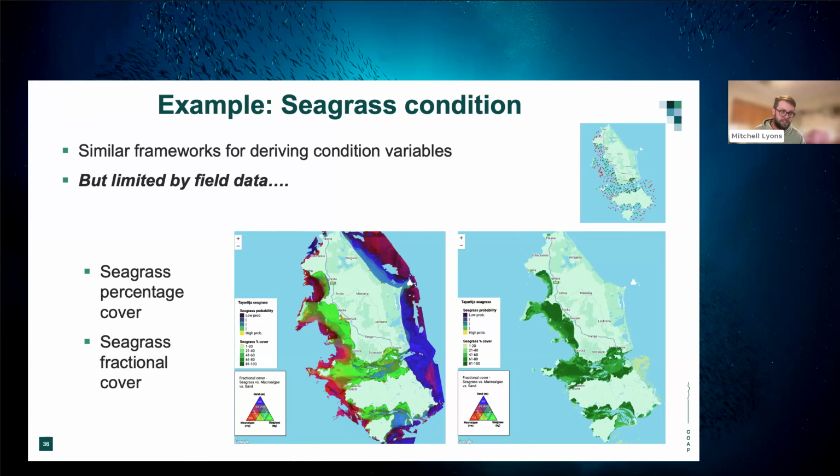On the right, you can see an example of the cover level of seagrass itself, and there are a few different species as well. Obviously then, seagrass cover is a really good surrogate for how much above and below ground biomass there might be.